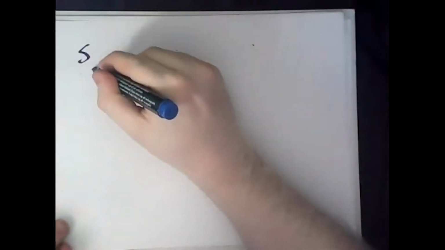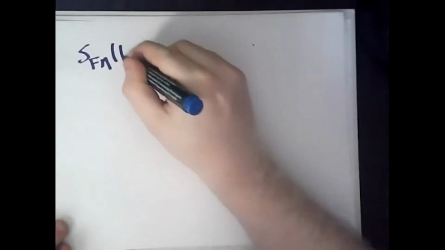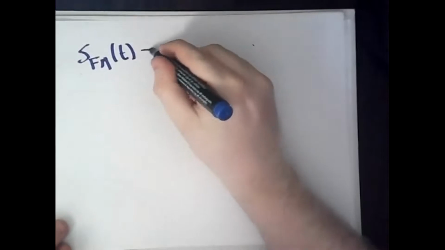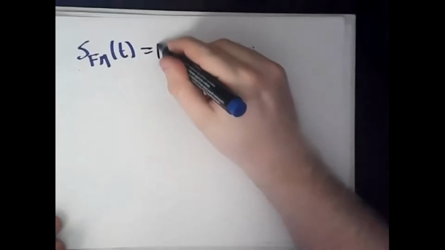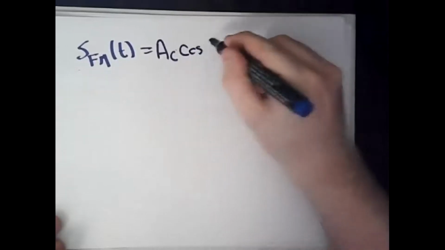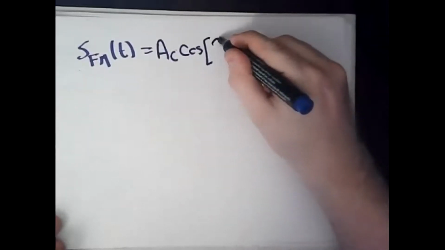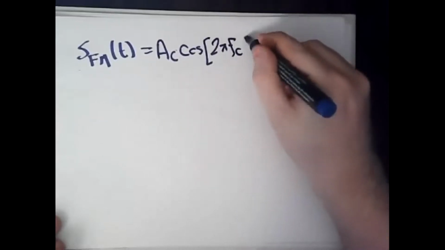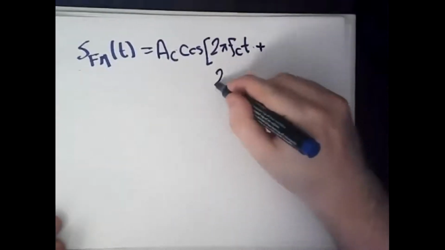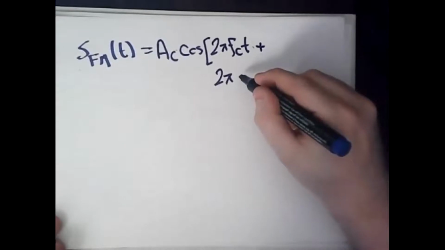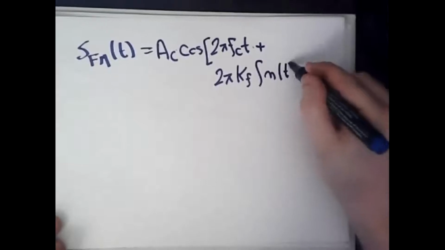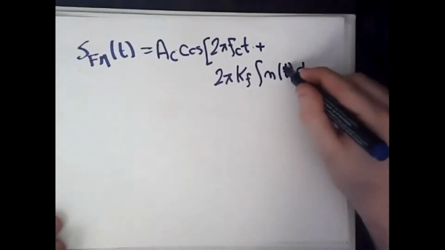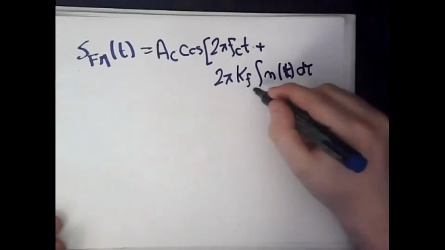So s(t) in case of the FM equals Ac cosine 2 pi fc t plus 2 pi k integration of m(tau) d tau from 0 to t.